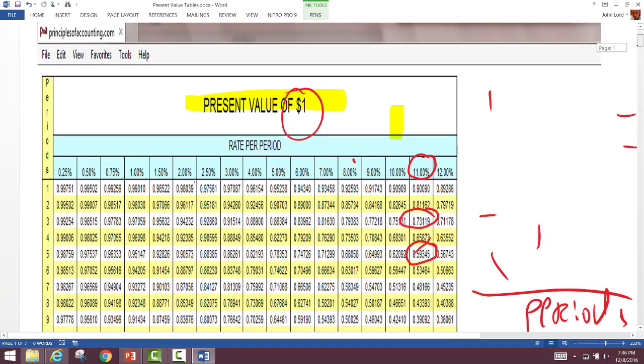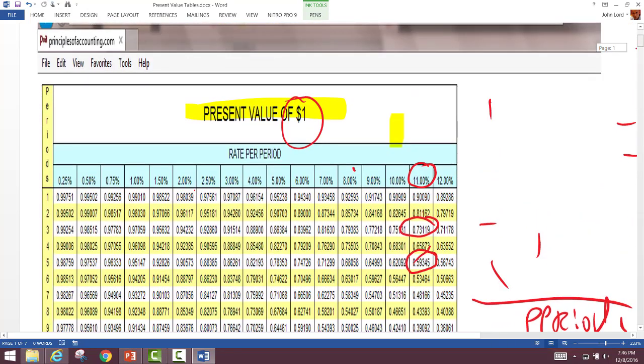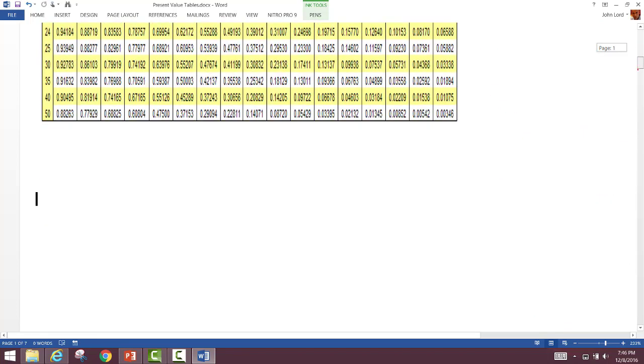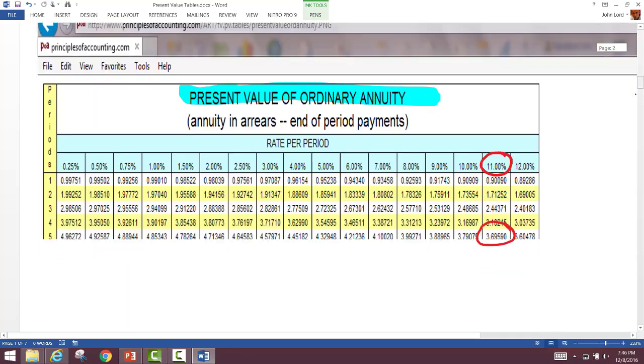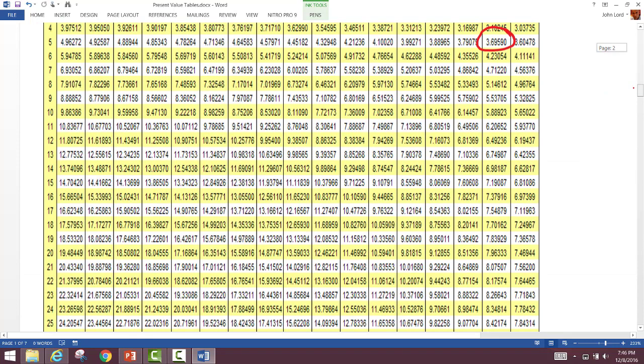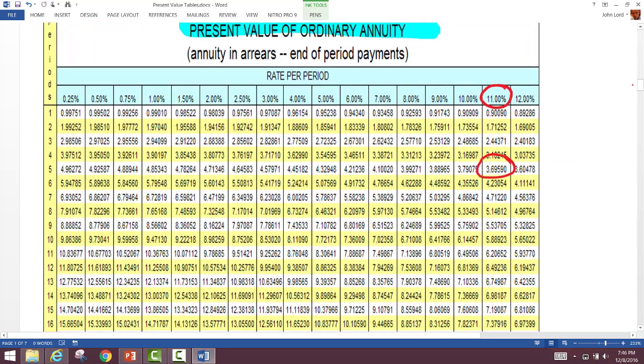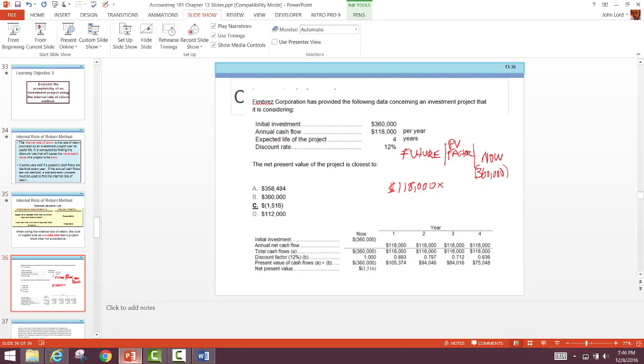Is that the table I want? I need present value of an annuity, so I come over and I'm going to look for the factor. 12%? Whew, barely made it onto this table. Okay, 12% for how many years? 4 years. So the factor I'm looking for is 3.0375. Okay, 3.0375. Somebody remember that number?